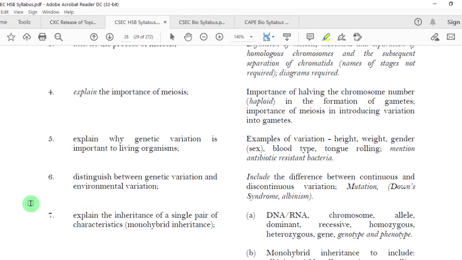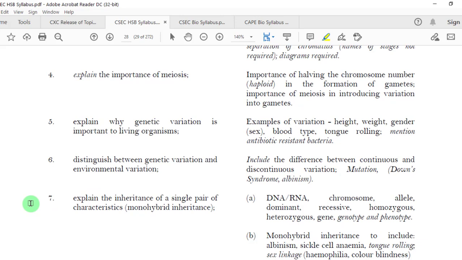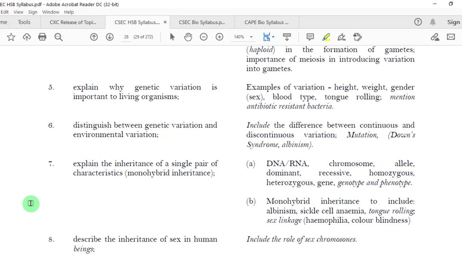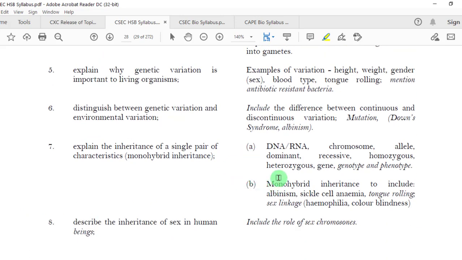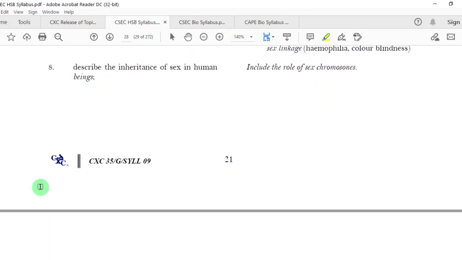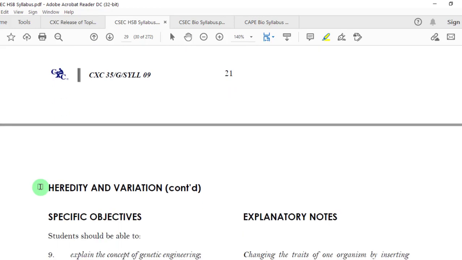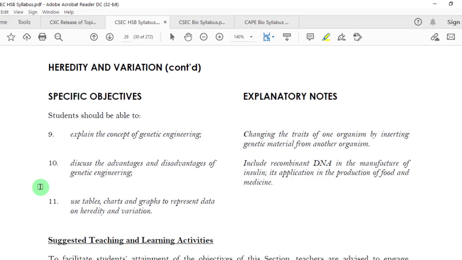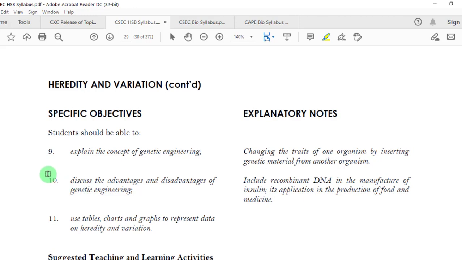Genetic variation, genetic versus environmental. We're looking at basically genetics, monohybrid inheritance, DNA versus RNA, etc. Right? Inheritance of sex, as in gender, okay? Genetic engineering, right? So all of this would fall under that topic for paper 2.